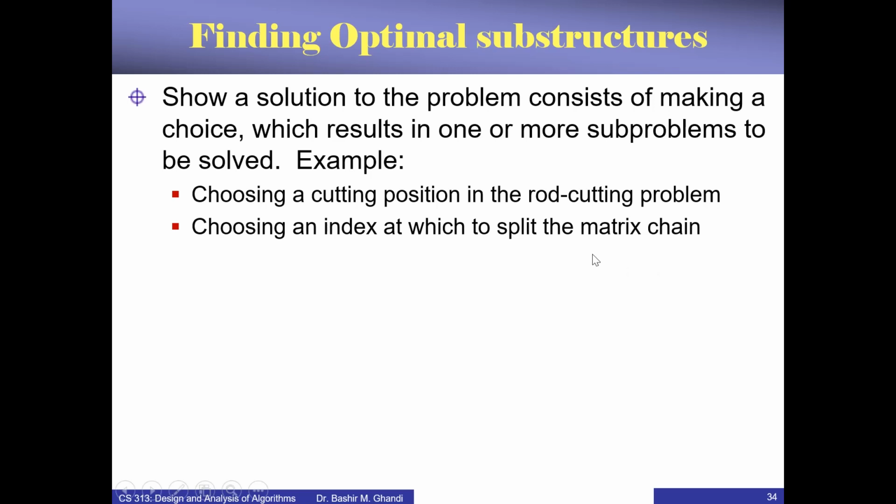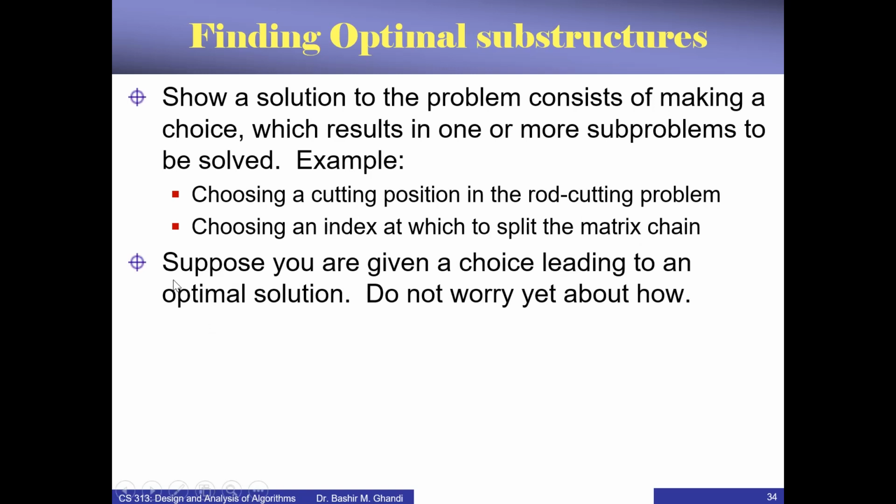In the example we just saw about matrix chain multiplication, the choice here is where to put the parentheses. So choosing an index at which to split the matrix chain. Usually you need to find that place where you divide a problem into subproblems.